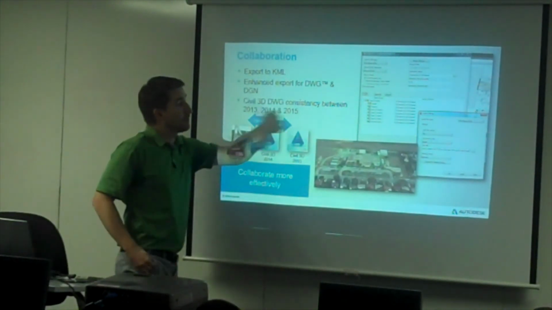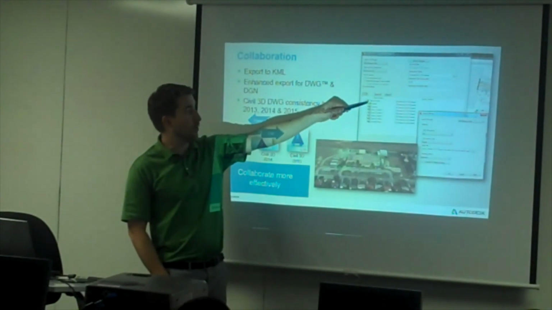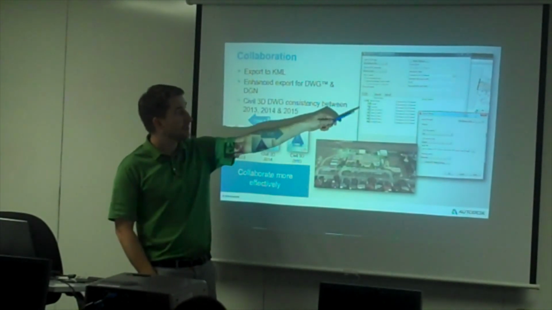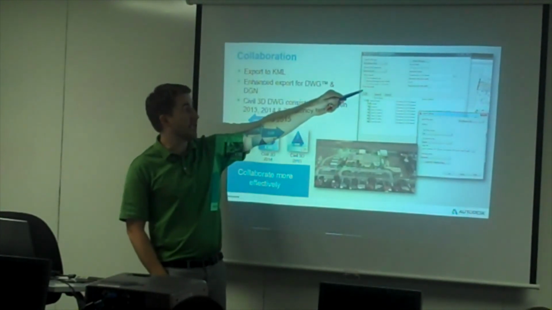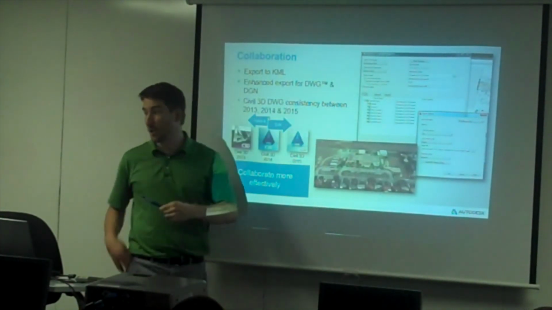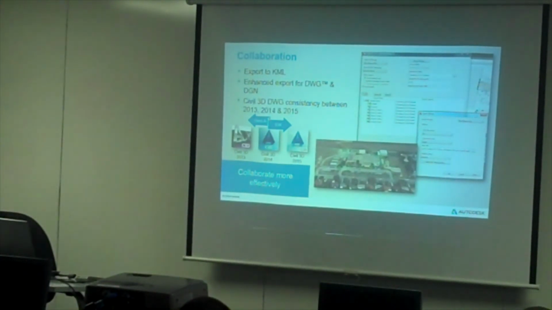This was something I had to do for a project for a client recently where you've got one drawing with multiple sheets. Maybe you want to get rid of your references, maybe you want to generate each of the drawings separately, and you have to produce it in DGN. And so you're able to do a lot of those things now for those agencies without having to worry about doing it yourself.